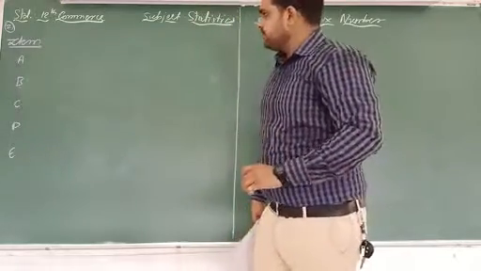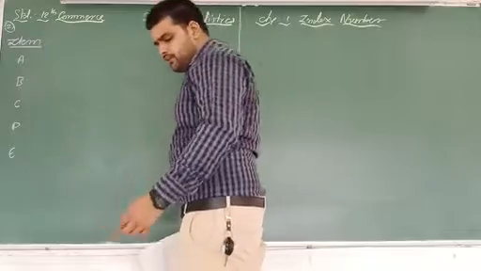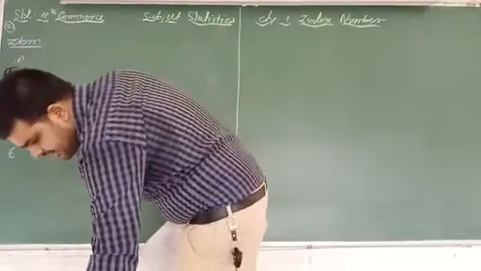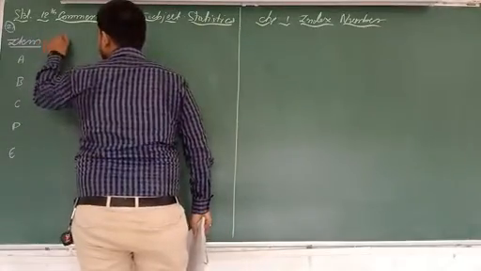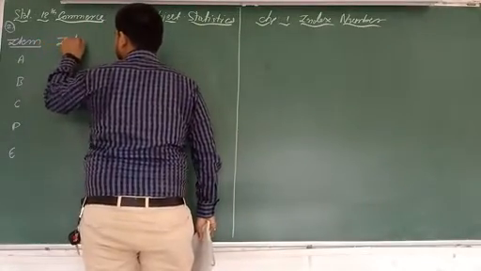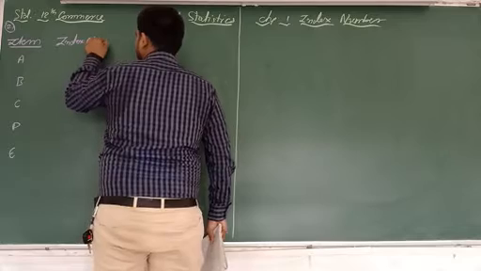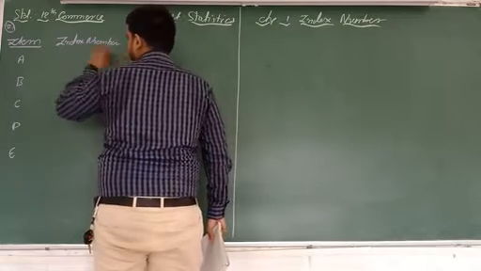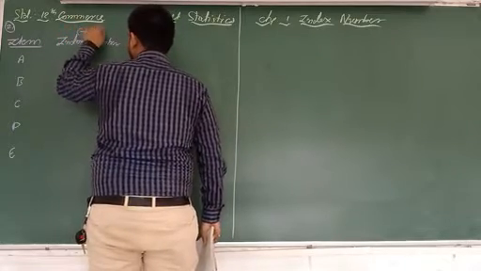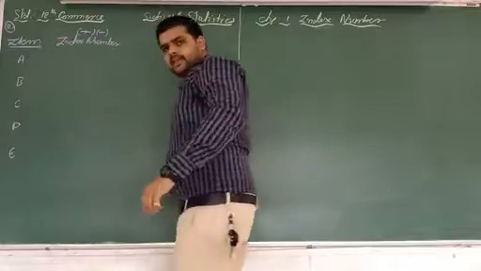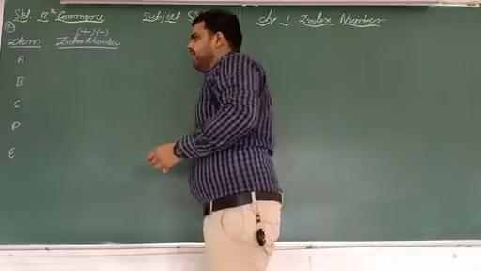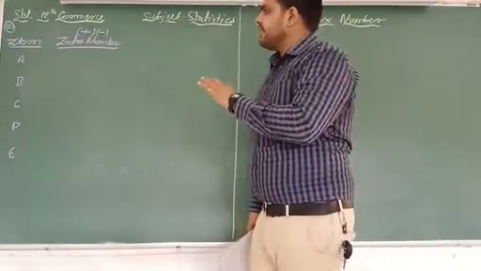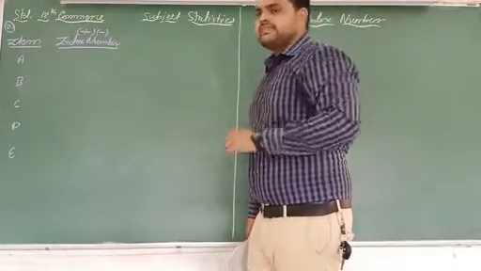Okay, so here items are given. Number 2, the index number increase and decrease is also given. So here I will write index number, either it is an increase or a decrease. In two items, D and E, it's a decrease, but in three items A, B, C it's an increase.